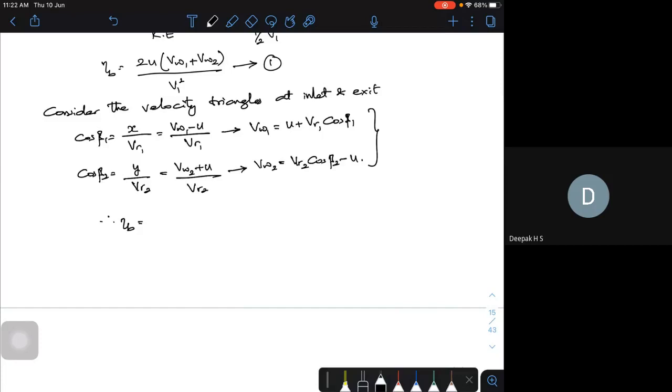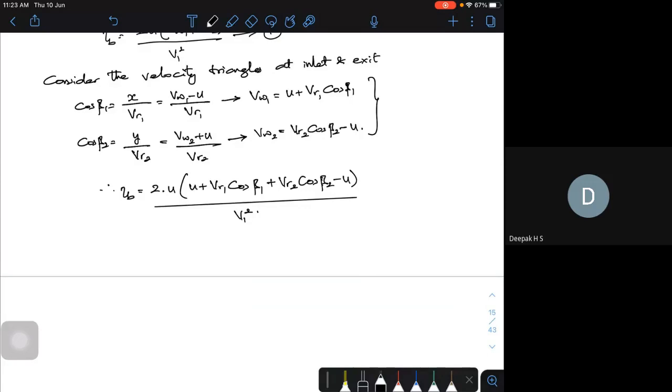Blade efficiency is equal to 2 u times (u plus VR1 cos beta 1 plus VR2 cos beta 2 minus u), the whole thing divided by V1 square. Now plus u and minus u cancel out.